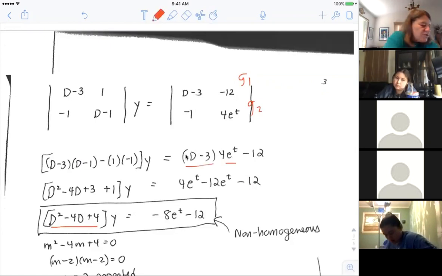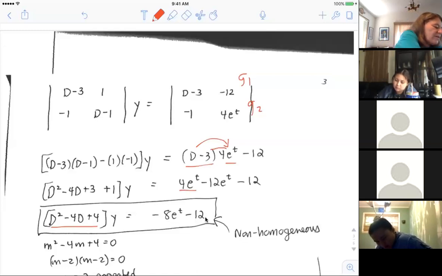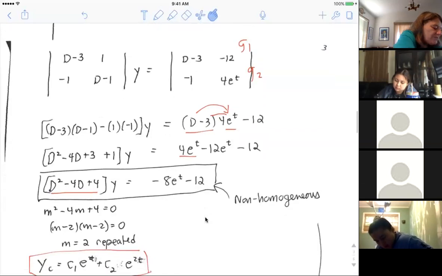So that says take the derivative of 4e to the t, which is just 4e to the t, and then minus 3 times 4e to the t, which is minus 12e to the t, which will end up being minus 8e to the t minus 12. Okay, so here's what you've got so far, at least with the y's.